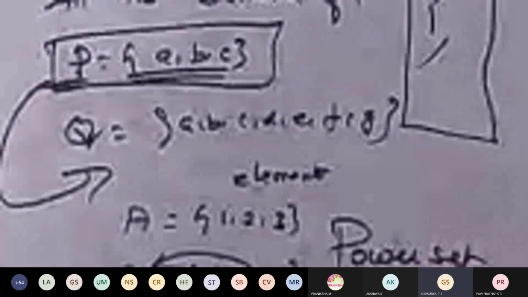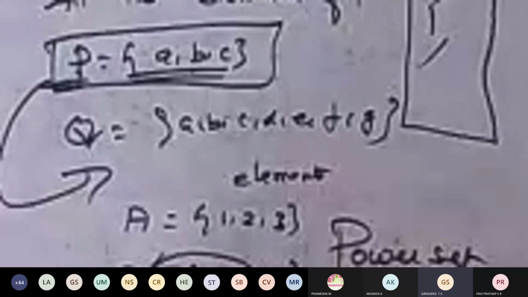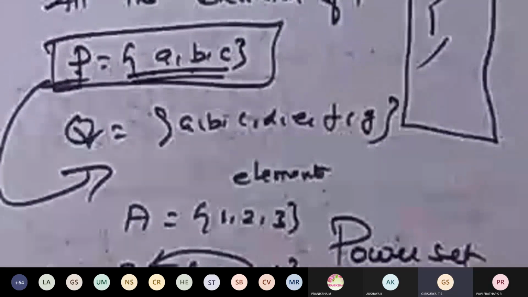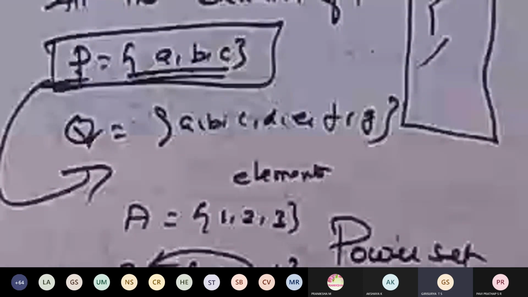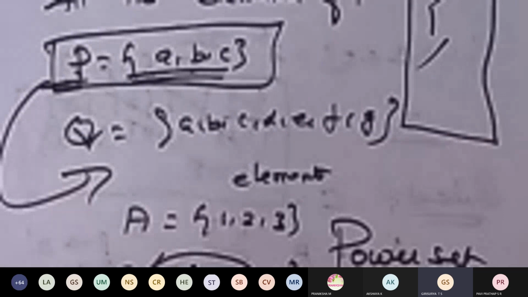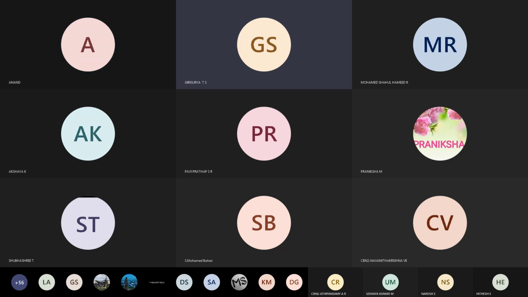Do you all have your NCERT book? Kindly take your NCERT book. So if you just solve this NCERT problem, you will clearly understand the definitions we learned today. Exercise 1.3. What is the page number? 12.